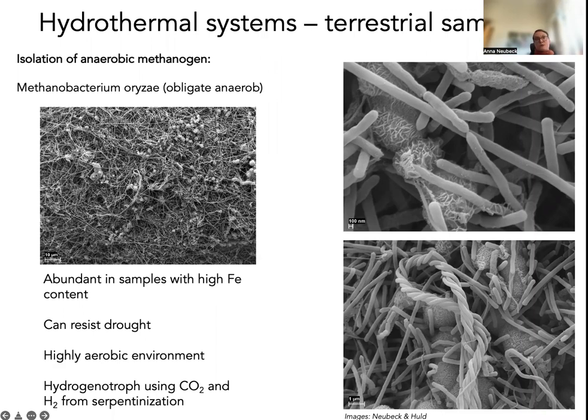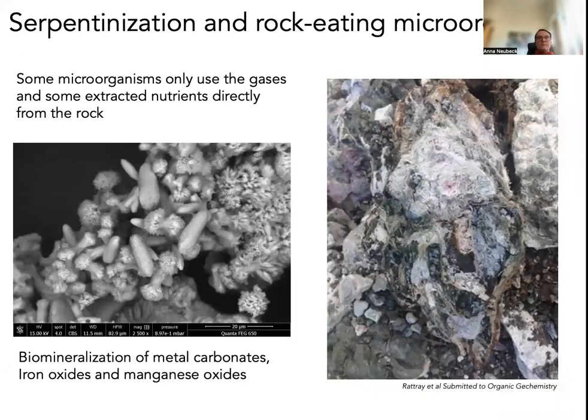This is ongoing research, so it's still a little bit of a mystery, but we think that it forms these huge colonies that clump together, and that the outer part of the colony is affected by oxygen, and the inner parts are anaerobic, so they can still live within these huge colonies, because it's not forming these biofilms that otherwise can protect from oxygen. So yeah, we think that they are forming these huge colonies.